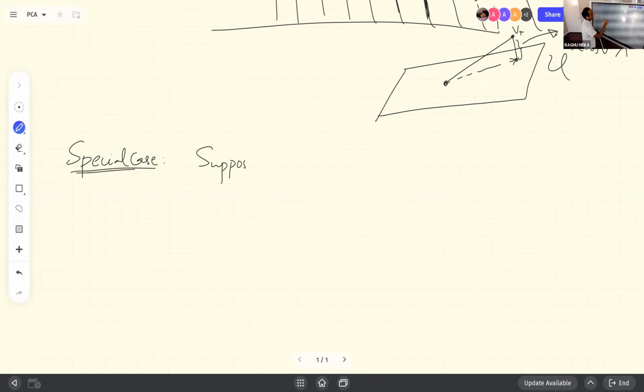Suppose sigma 2 is less than 1 minus epsilon times sigma 1. So this is saying, let's say that there is a noticeable gap between the top one and the second best one.